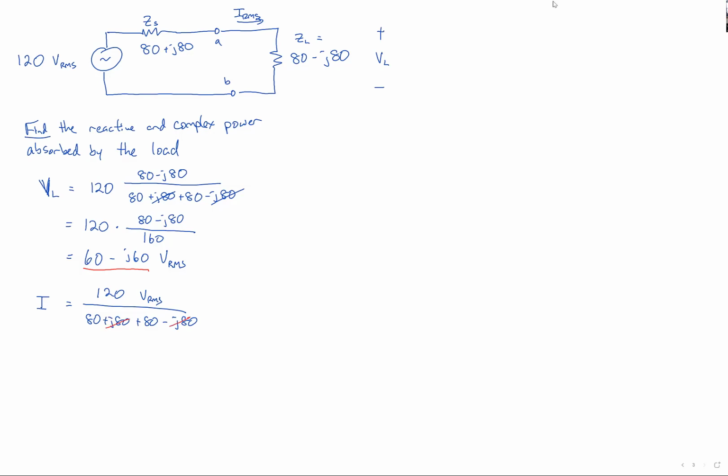And so that just gives us 120. This would be in ohms. And so that gives us 120 over 160, which is the same thing as 3/4. And VRMS divided by ohms gives you amps RMS. And there's our second partial answer.